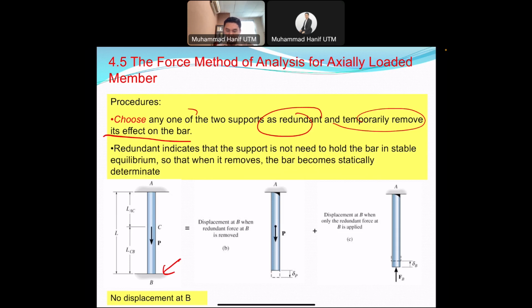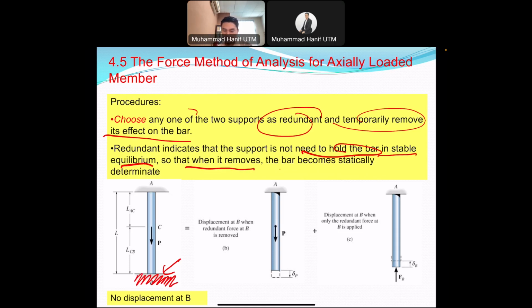So we choose the bottom part, and we remove its effects on the bar, which means the effect is the force. Once you remove it, we can imagine that the bar will have displacement when we have the external force of P. This indicates that the support is no longer needed to hold the bar in stable condition.